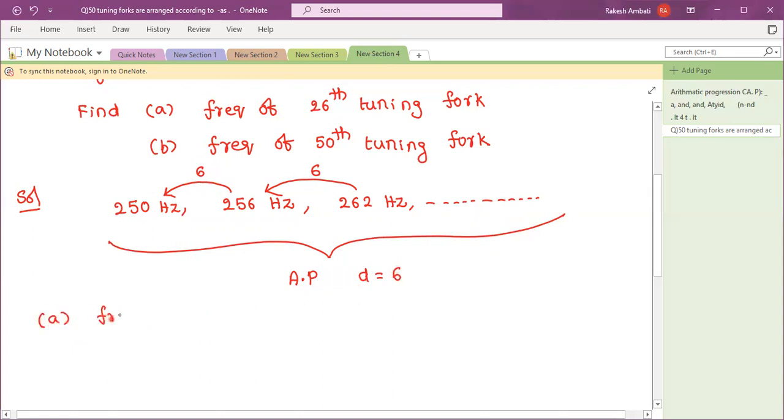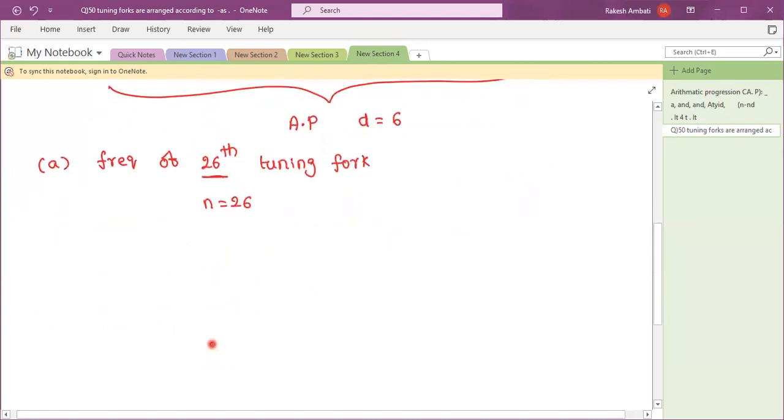Now see the first question. We are finding the frequency of the 26th tuning fork. That means the n value is given as 26. Listen, in AP, how to find the nth term? The formula is a plus n minus 1 into d.